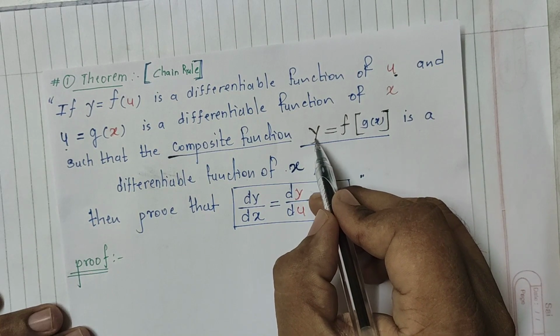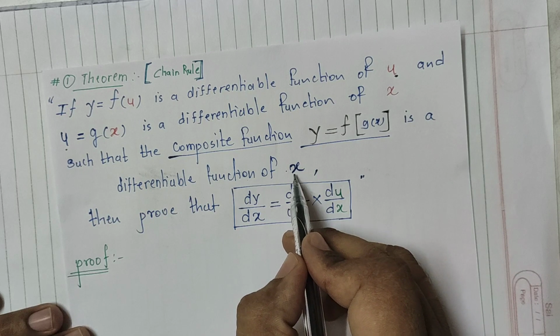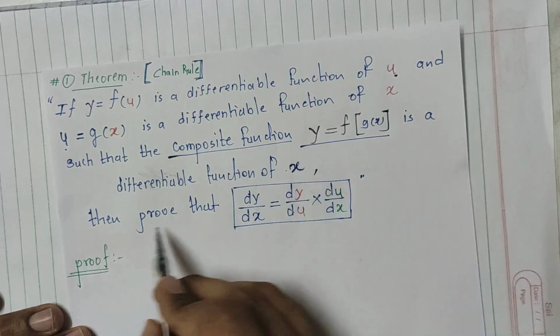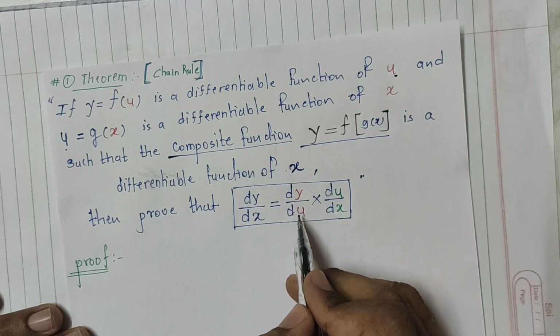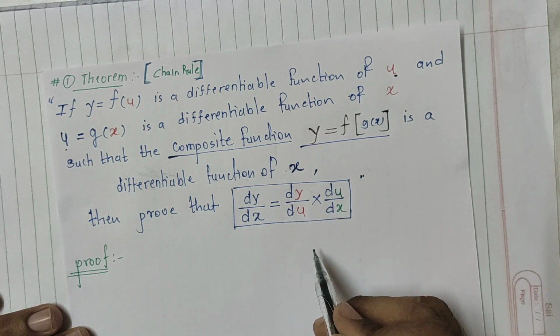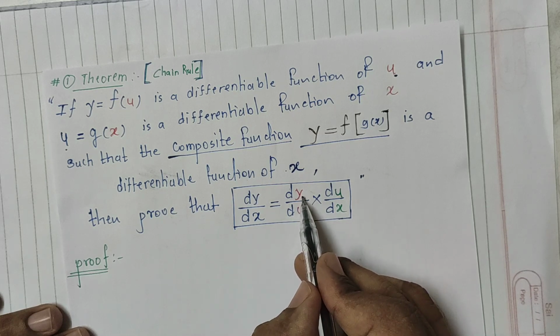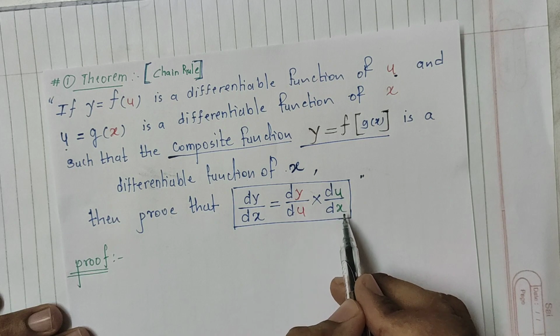So y is equal to f of g of x is also a differentiable function of x. Then we prove that dy upon dx is equal to dy upon du into du upon dx, where we write y with respect to u and u with respect to x.